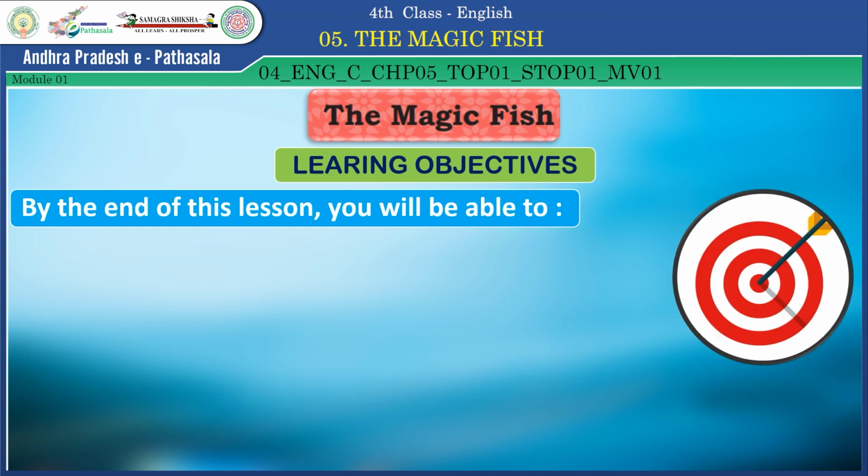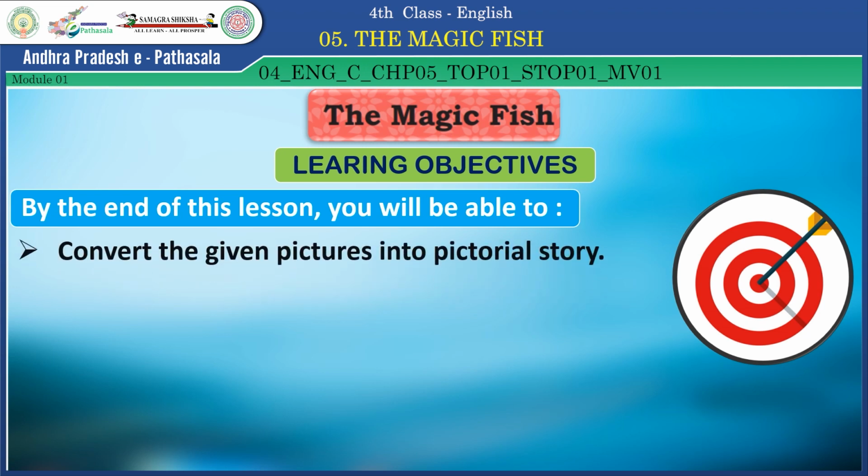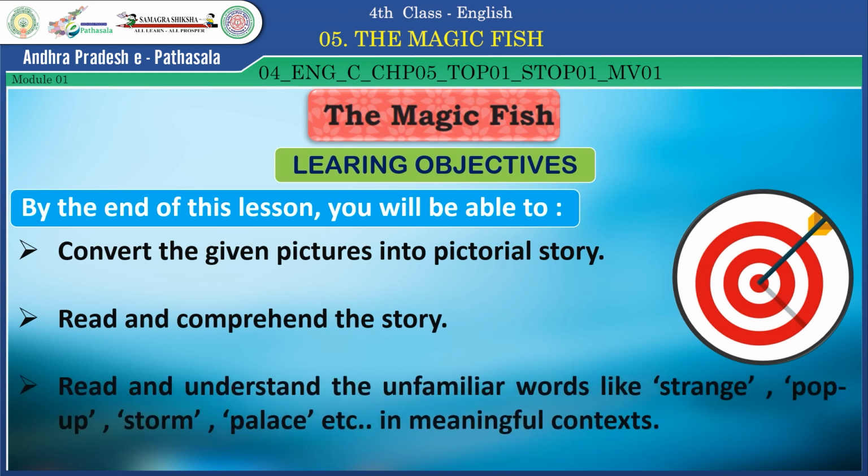Learning objectives. By the end of this lesson, you will be able to convert the given pictures into a pictorial story. Read and comprehend the story. Read and understand unfamiliar words like strange, pop-up, storm, palace, etc. in meaningful contexts.